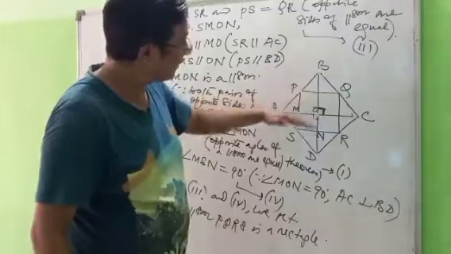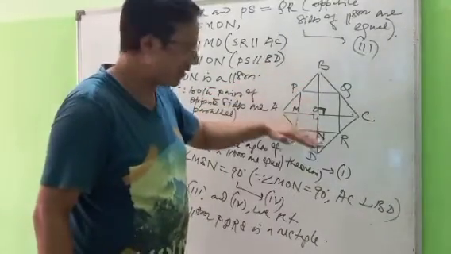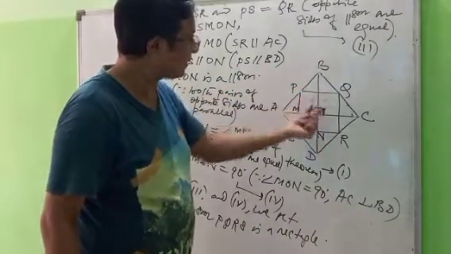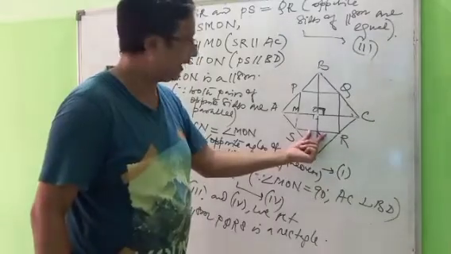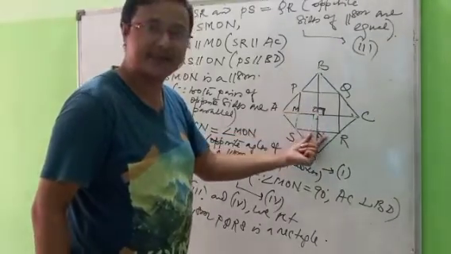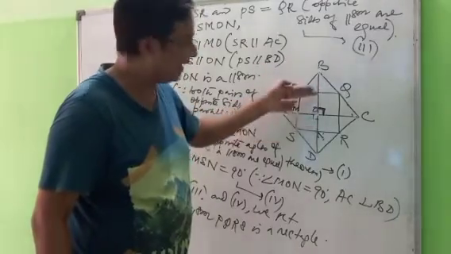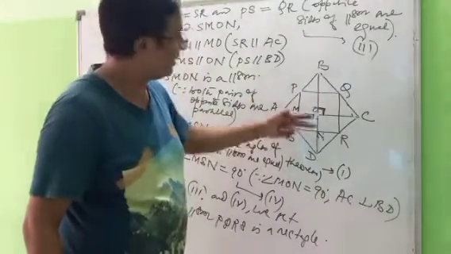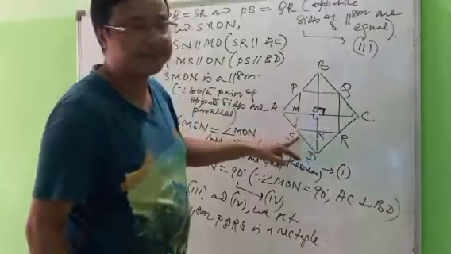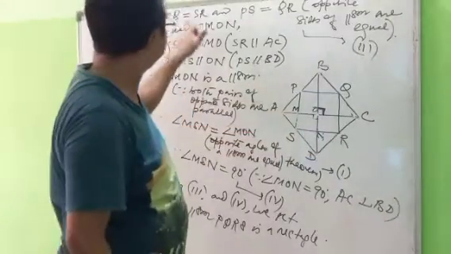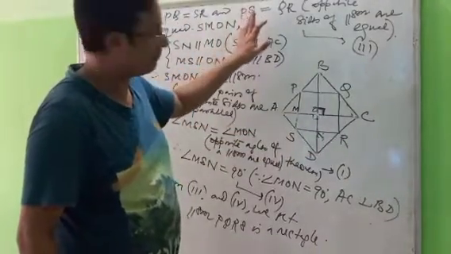So by comparing these two equations, you have got that PQ is parallel to SR, and PQ equals SR. So as one pair of opposite sides is equal as well as parallel, therefore PQRS is a parallelogram where you got the opposite sides equal.